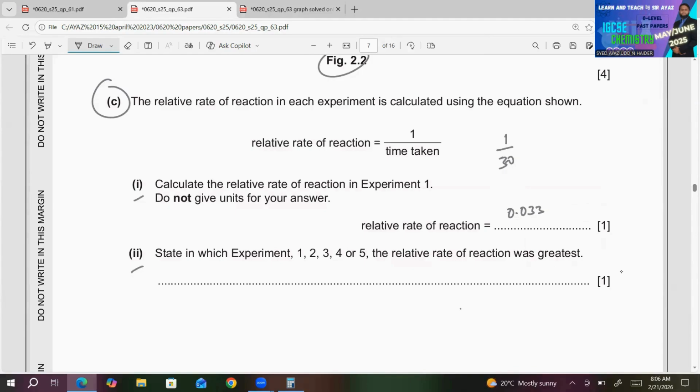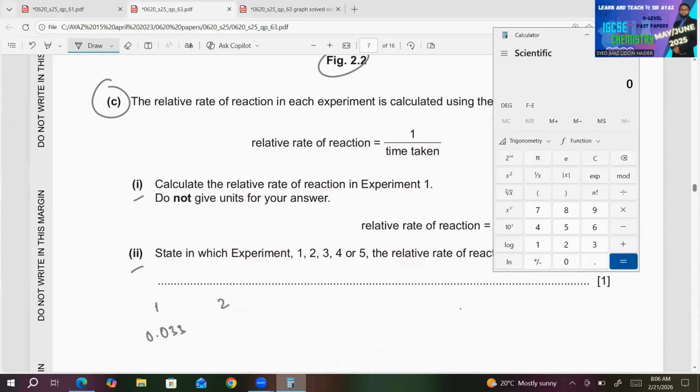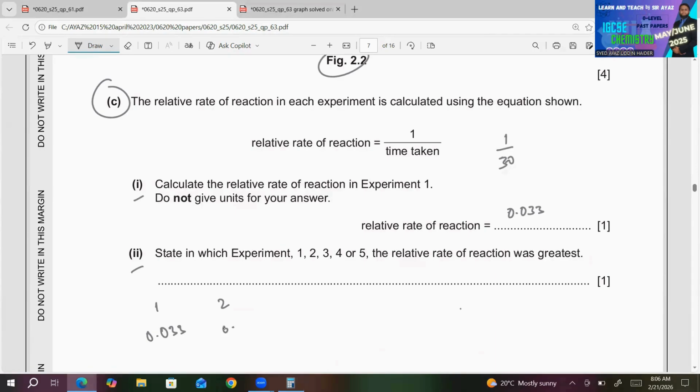Two, state in which experiment 1, 2, 3, 4, or 5 the relative rate of reaction was greatest. If you show the calculation for each experiment, for experiment 1, it's already there, 0.033. For experiment 2, divide 1 by 37 and you will get 0.027.